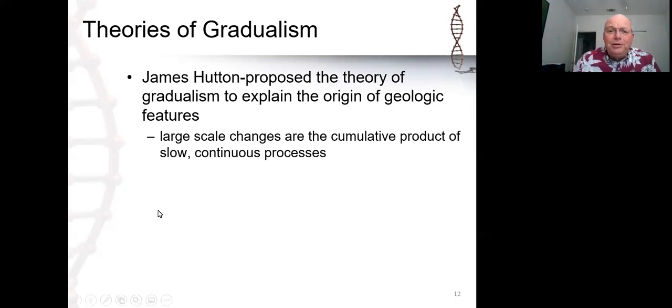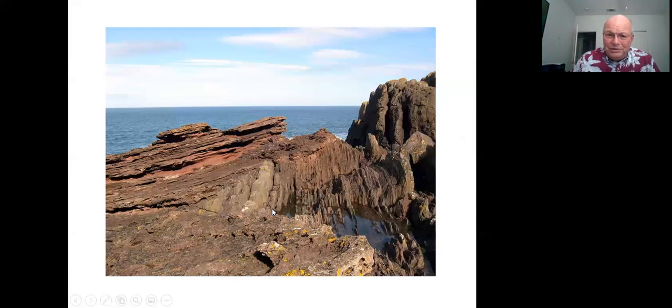So the next picture that I'm going to show you on the next slide is important, because this is one of the first features that Hutton looked at that made him realize that the common explanation of the origin of the Earth, particularly in terms of its geology, simply could not be correct. This is what is known as a Hutton discontinuity.